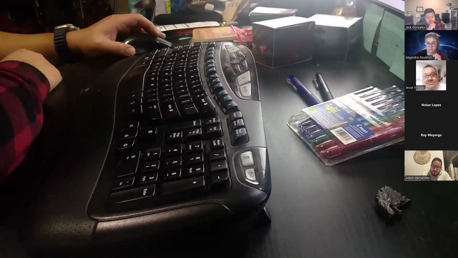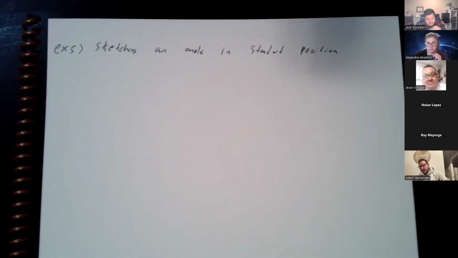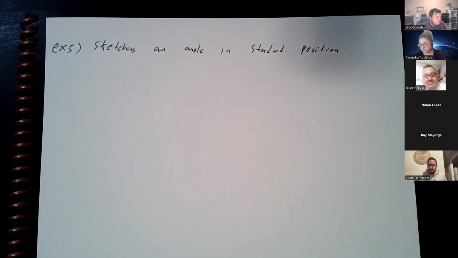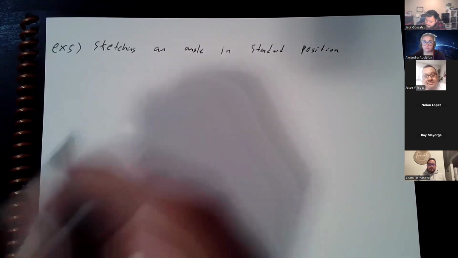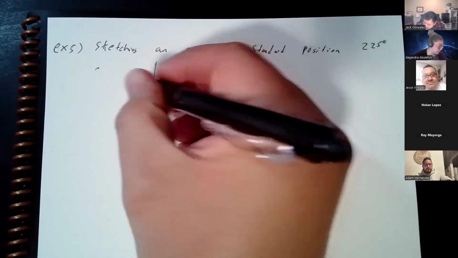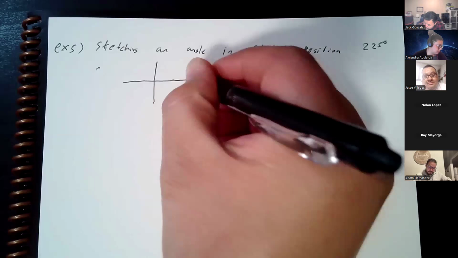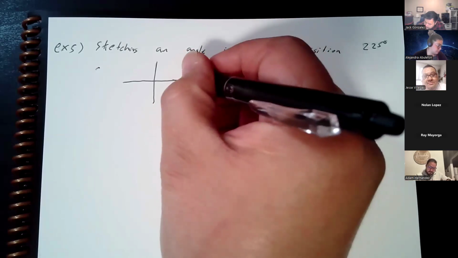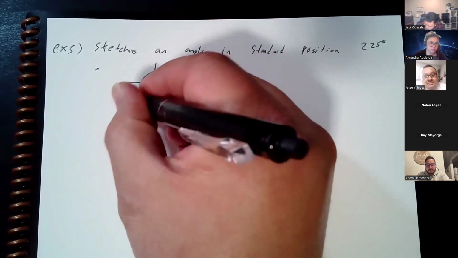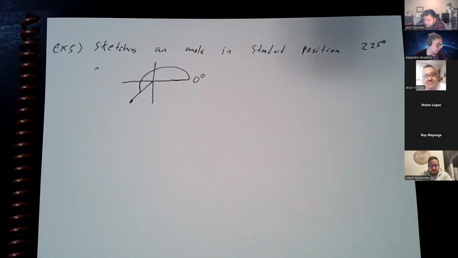Standard means positive direction, like just the normal angle, like we went from 0 all the way to 225. Not very pretty, but there it is.